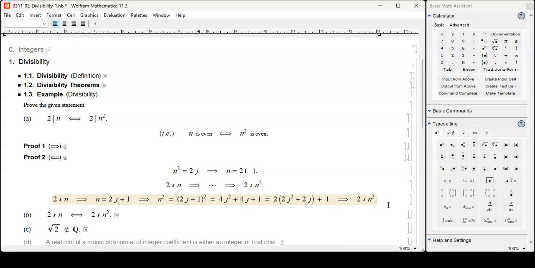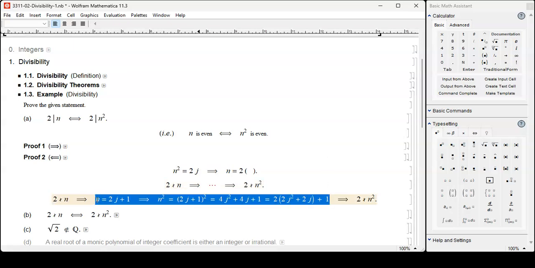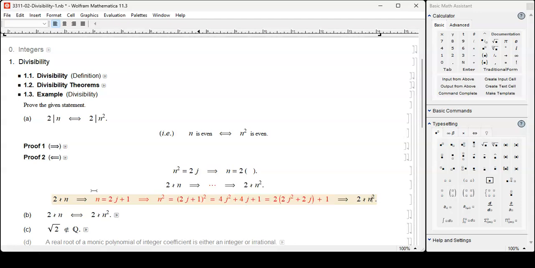Make sense? We wanted to prove this, the contrapositive, and the dot dot dot part, yes. We successfully filled in that dot dot dot part, which I just highlighted in red. So assume the other, odd, and then work out algebraically.